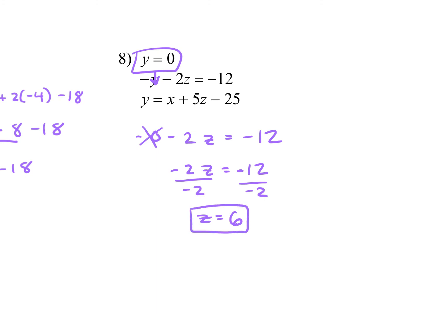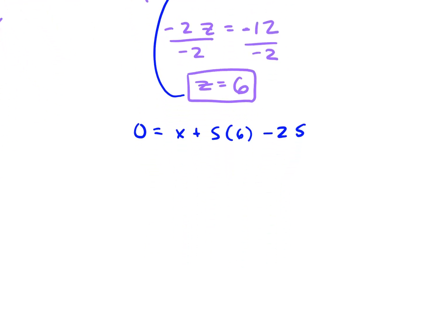So I have y now, and I have z. How do I find x? Plug in y and z. Plug in the y into the third equation and plug in the z to the third equation. So I have 0 is equal to x plus 5 times 6 minus 25. Then I just solve. So 0 equals x plus 30 minus 25.